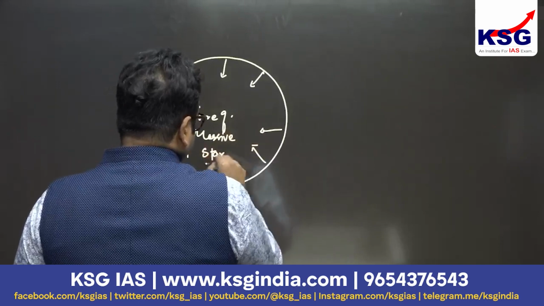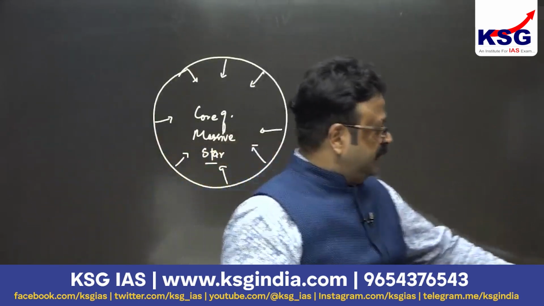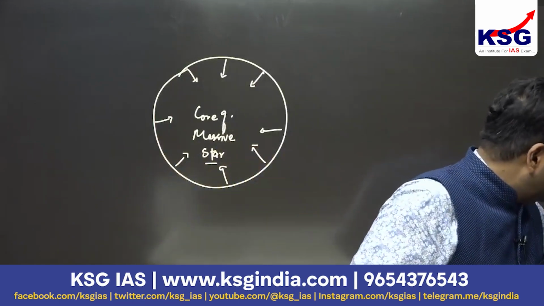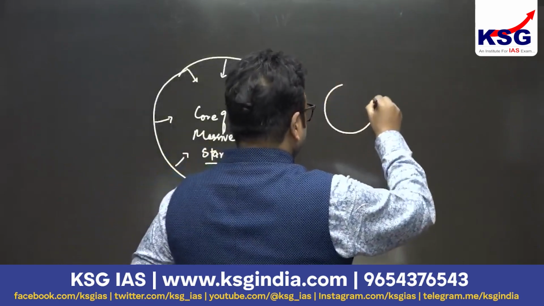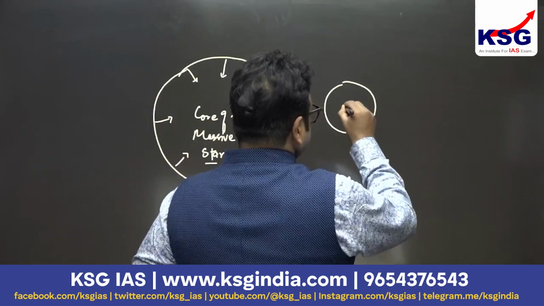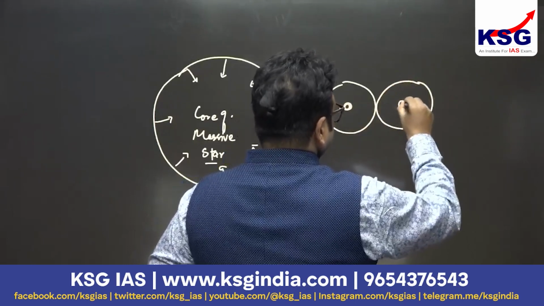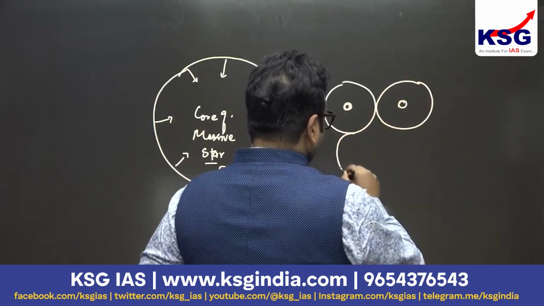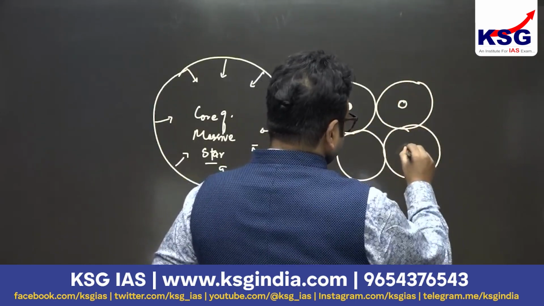So let me explain it with a hypothetical image I'm going to make over here to help you understand what exactly this neutron star is. These are 4 atoms. Each has a nucleus. I have just taken these 4 atoms to make you understand the concept of a neutron star.